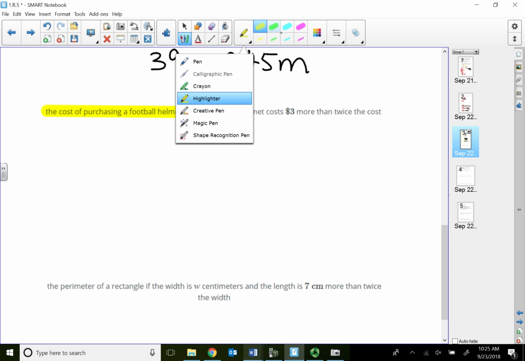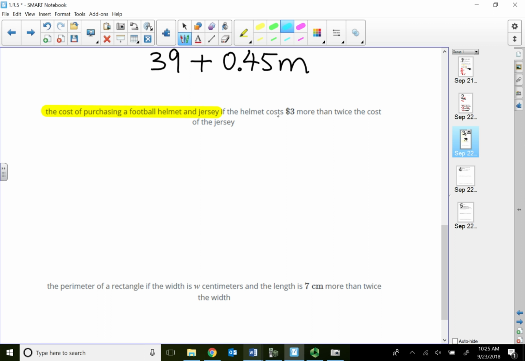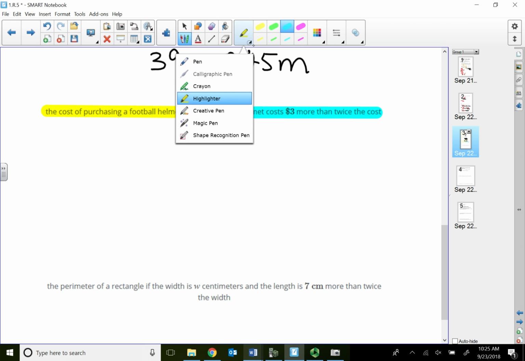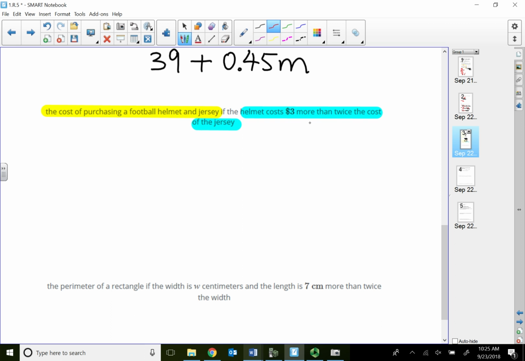It says the helmet costs $3 more than twice the cost of a jersey. So when you see the words "more than" in your phrase or sentence, that's one of my translation words. So I will need to translate for the items.